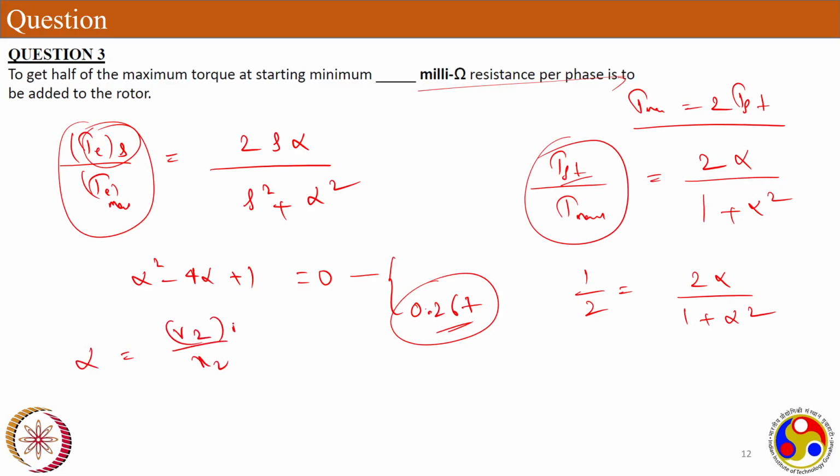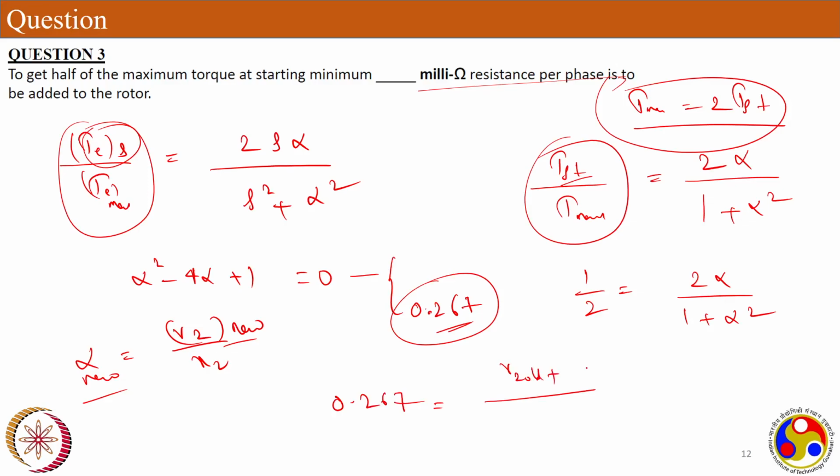This is R2 new now. So after this condition, where you have achieved twice the starting torque at the maximum, so half the maximum torque at the starting, now alpha new, that is 0.267, is equal to R2 new, R2 old plus R external, divided by X2.